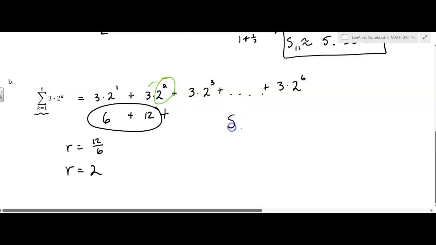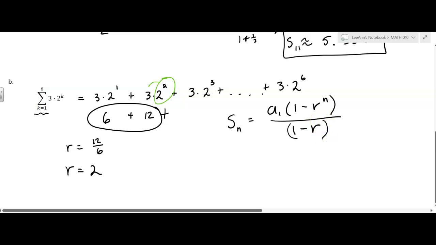Okay, now I need that formula again. S sub n equals a sub 1 times 1 minus r to the nth, over 1 minus r. If you're putting this in the calculator, you would need parentheses around that.